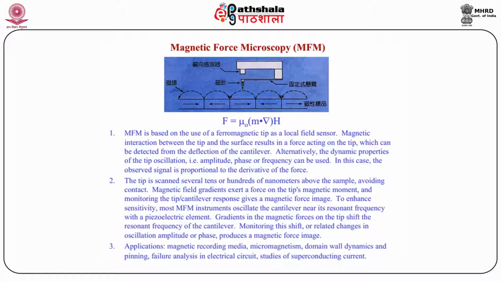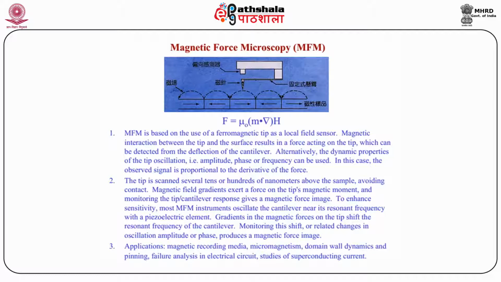MFM is based on the use of a ferromagnetic tip as a local field sensor. Magnetic interaction between the tip and the surface results in a force acting on the tip, which can be detected from the deflection of the cantilever. Alternatively, the dynamic properties of the tip oscillations, that is amplitude, phase, or frequency, can be used. In this case, the observed signal is proportional to the derivative of the force.